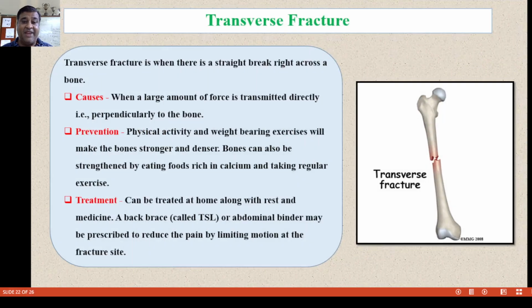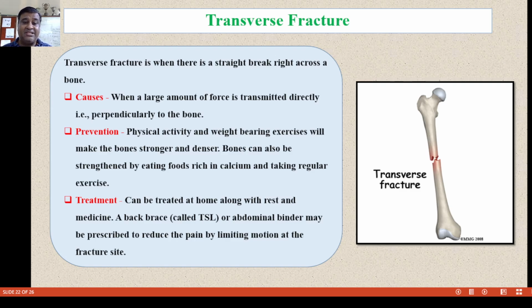Next is transverse fracture, where the bone is broken in a straight break right across the bone. What are the causes? A large amount of force transmitted directly and perpendicular to the bone. What is the prevention? Physical activity and weight-bearing types of exercise make the bones stronger.